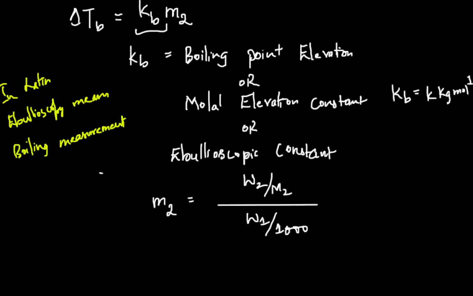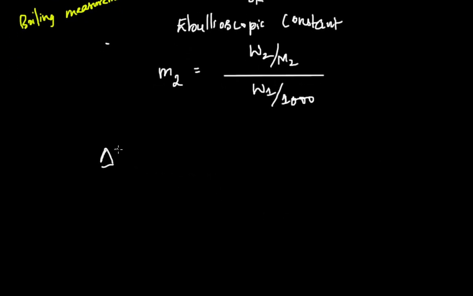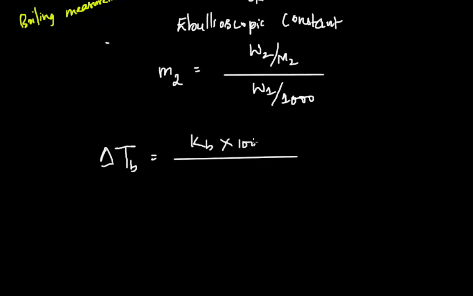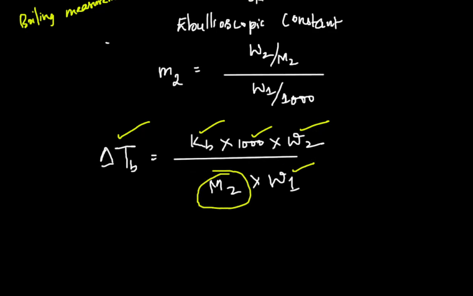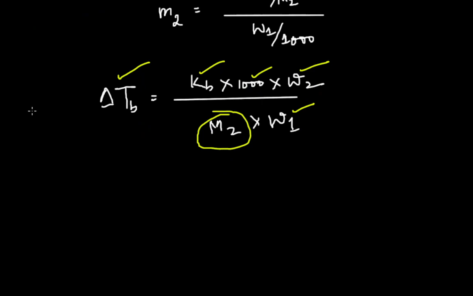If I put both of these together, your delta TB is Kb into 1000 into W2 divided by M2 into W1. If the elevation in boiling point is known, Kb is known, and the other quantities are known, then the unknown, that is the molar mass of the solute, can be calculated.